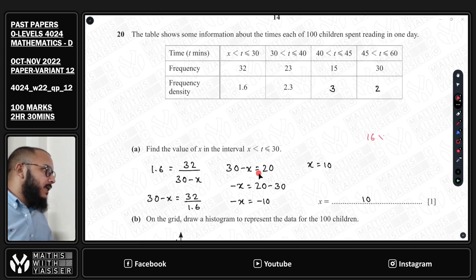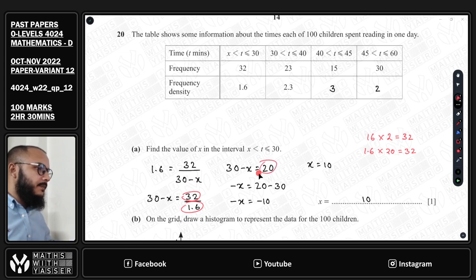If 16 times 2 is 32, so 1.6 times 20 should also be equal to 32. Hence, if I divide 32 by 1.6, it will give me 20. So now we can say minus x equals 20 minus 30. So minus x is equal to minus 10. So if I multiply by negative 1 on both sides, I'll be getting x equals 10.